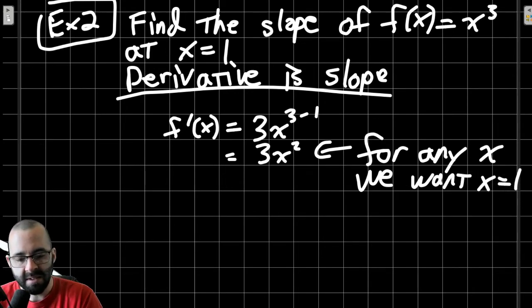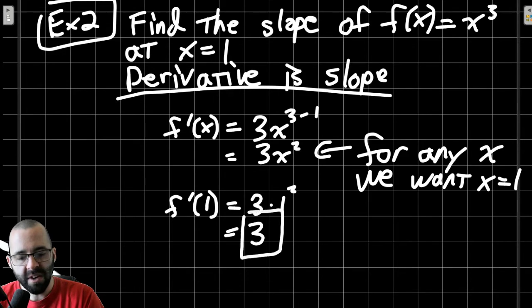So you plug in 1 for x. You're going to get 3 times 1 squared, which is just 3. So the slope of this function, when x is equal to 1, is positive 3. That's how steep it is. All right, and that's all there is to it.